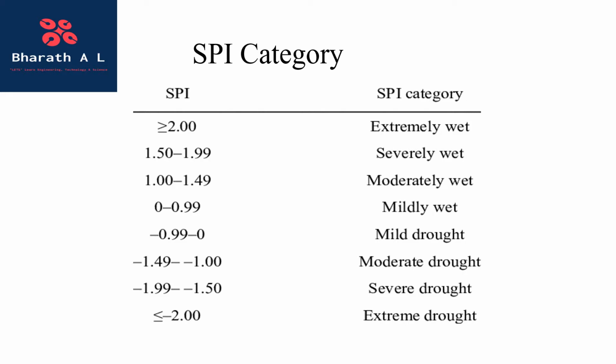Minus 1.49 to minus 1 is moderate drought, minus 1.99 to minus 1.50 is considered severe drought, and less than or equal to minus 2, that might be minus 3, minus 4, minus 5, all this is considered extreme drought.